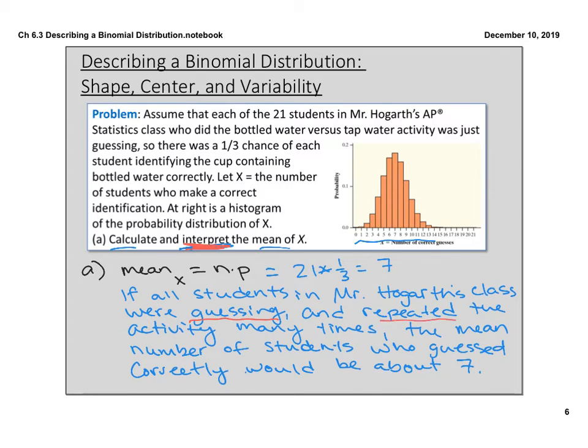Then repeating it many times. Remember that because of variability you can't make predictions in the short run. You can make predictions in the long run, but not in the short run. So we want to repeat the activity many times, and then you put it in context: the mean number of students who guessed correctly would be about 7.